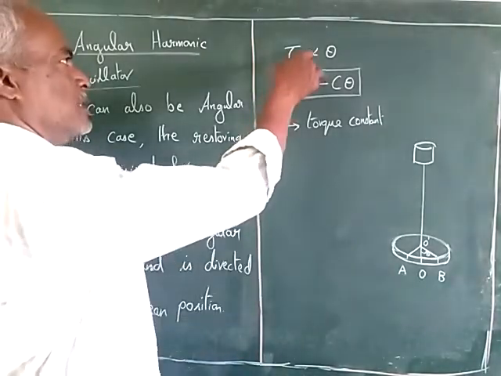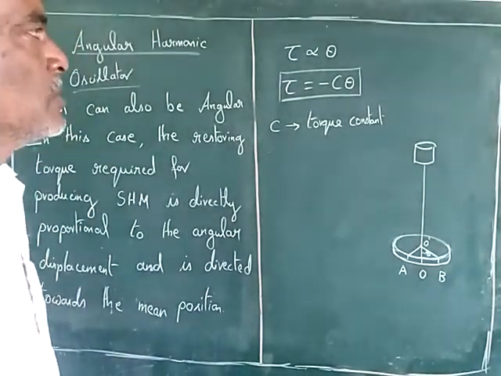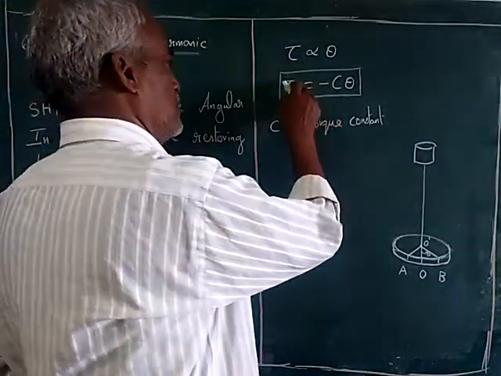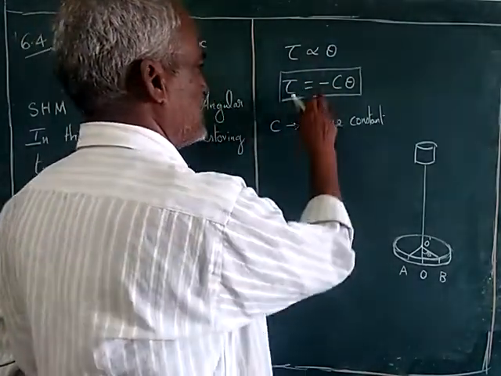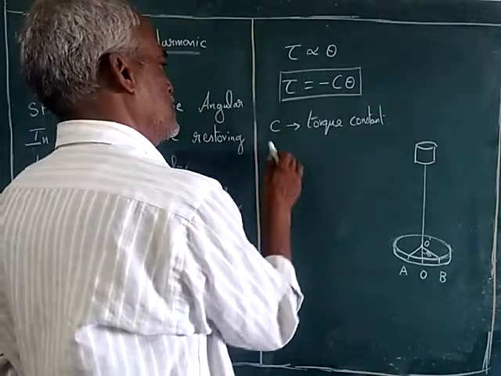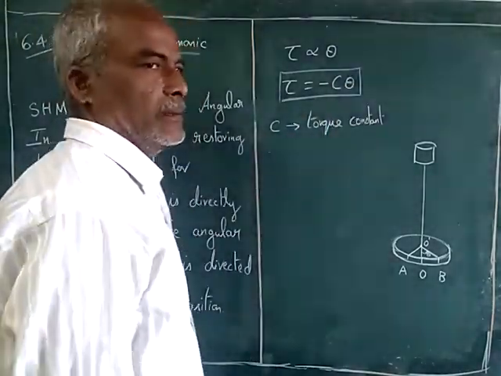So here torque is directly proportional to theta, the angle. This can be written as torque is equal to minus C theta, where the constant of proportionality is minus C. C is called the torque constant, and theta is the angle.